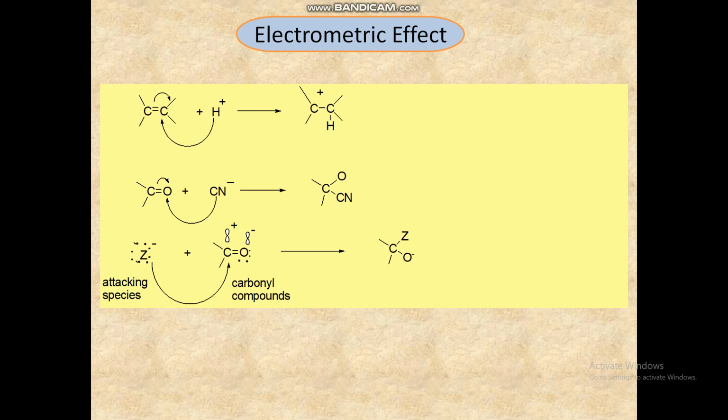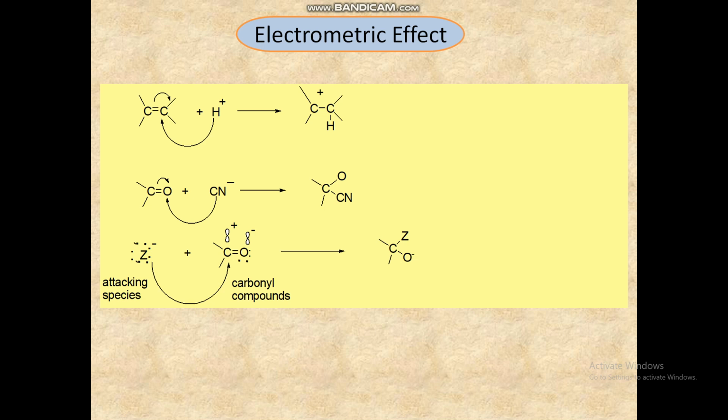In the case of carbonyl compounds, when a negatively charged reagent comes near to the carbonyl group seeking a positive site, it causes a shift of pi electrons of the pi bond towards oxygen, which is more electronegative than carbon. As a result, carbon becomes electron deficient and acquires a positive charge, while oxygen becomes electron rich and acquires a negative charge.